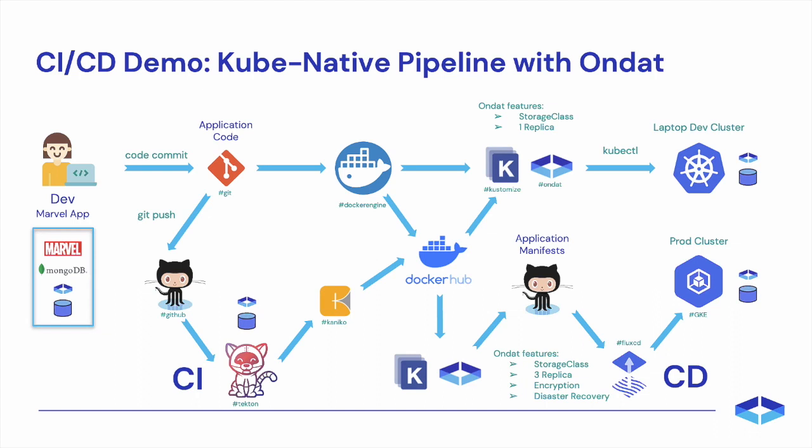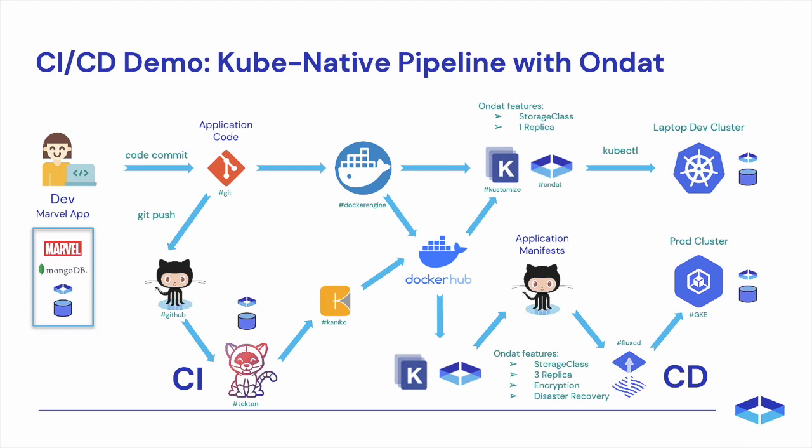But I want to use MongoDB as my database to host the results of all the API calls I will be doing to the Marvel APIs, right? I don't want to be doing those API calls all the time.